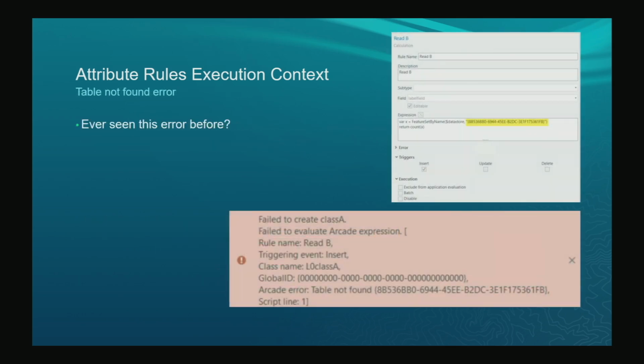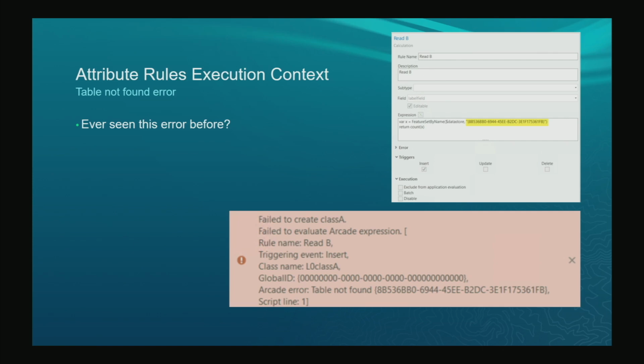And if you have ever seen this error before, like table not found in a GUID, that is an example of a rule reading from a class, and this class is not published in your service. Right? So you have class A and class B, and class A is reading class B, as you can see from feature set by name.